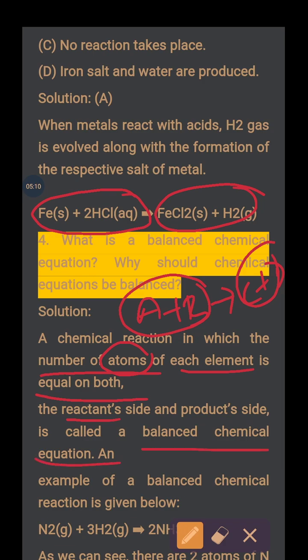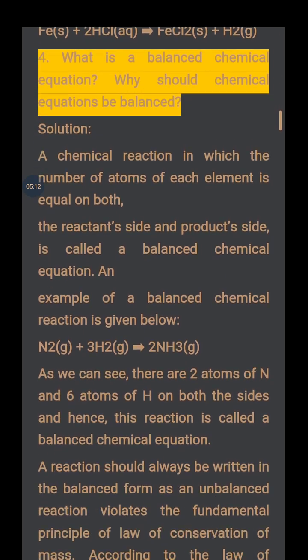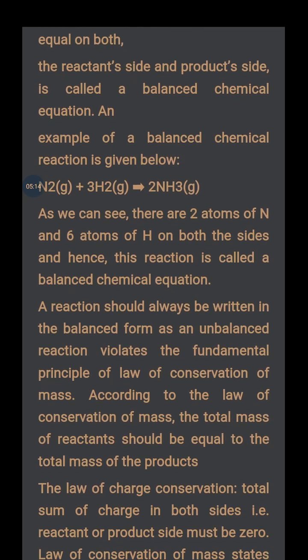An example of a balanced chemical equation is given below. Look at that: N2 plus 3H2 gives 2NH3. It is the reaction for the formation of ammonia. As we can see, there are 2 atoms of nitrogen and 6 atoms of hydrogen on both sides, and hence this reaction is called a balanced chemical reaction.